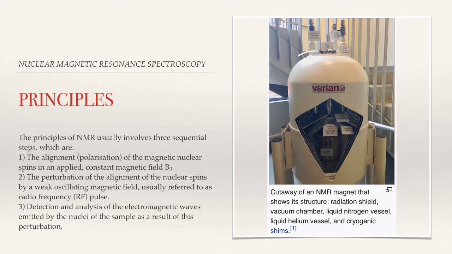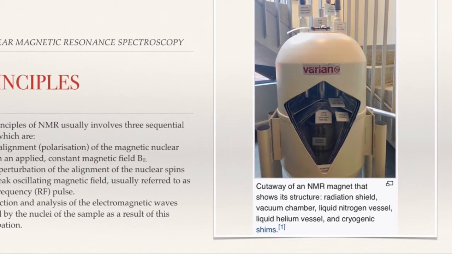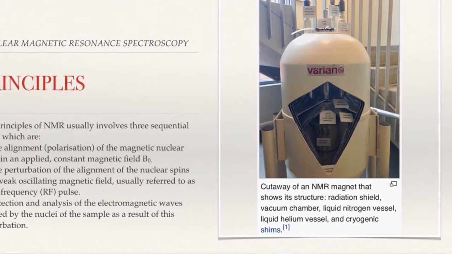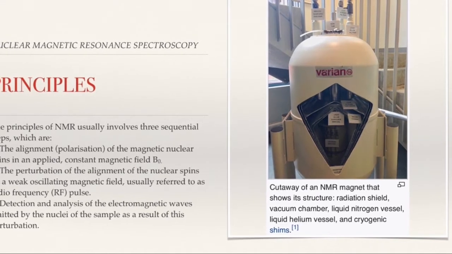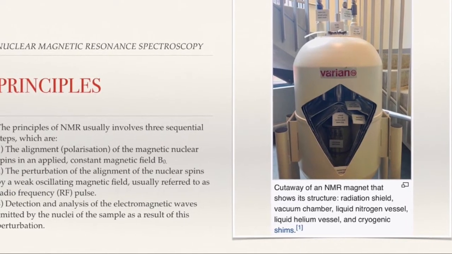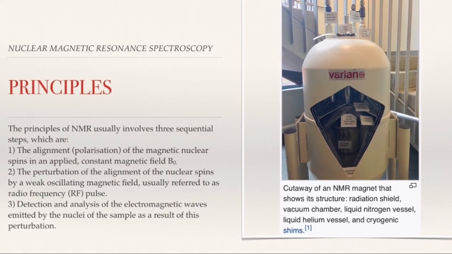Third, the detection and analysis of the electromagnetic waves emitted by the nuclei of the sample as a result of this perturbation. On the side of the slide, we can see a cutaway of an NMR magnet that shows its structure: radiation shield, vacuum chamber, liquid nitrogen vessel, liquid helium vessel, and cryogenic shims. Let us proceed to the next slide.